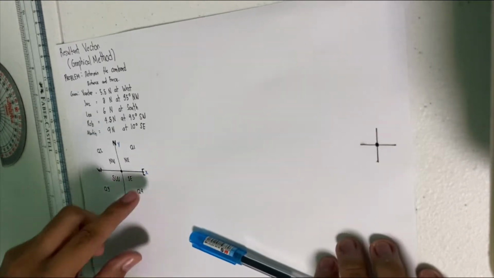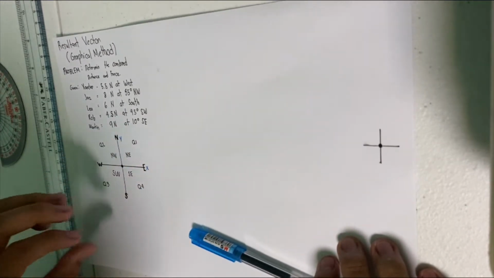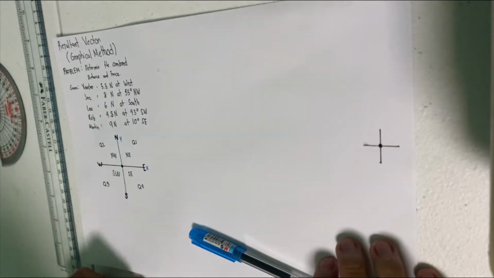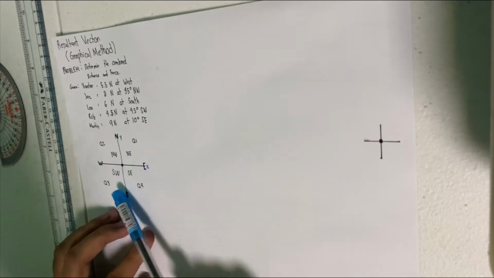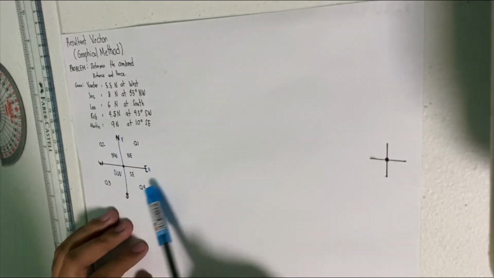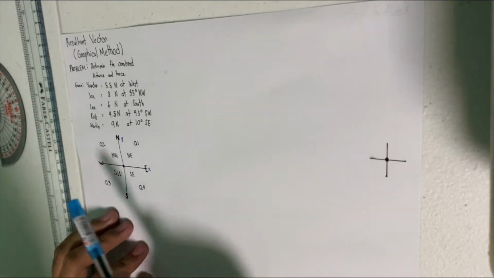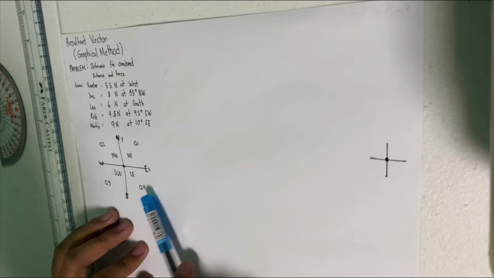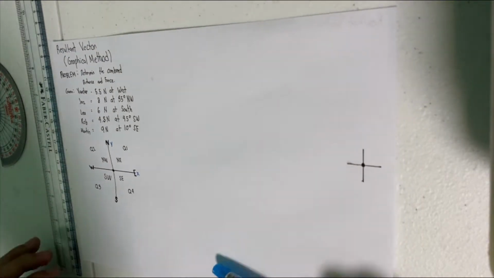This will be the thing that you need in terms of graphing. For the northeast, northwest, southwest, and southeast, you can see that there's a quadrant. This is quadrant 1 for northeast, quadrant 2 for northwest, quadrant 3 for southwest, and quadrant 4 for southeast. So let's proceed to graph.